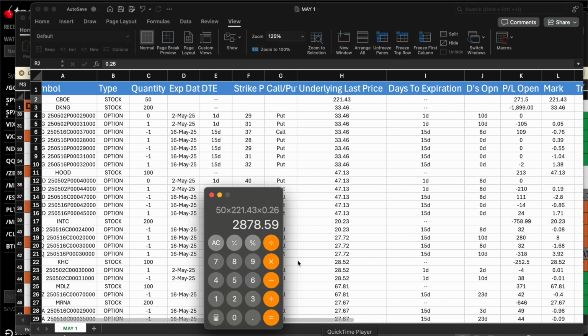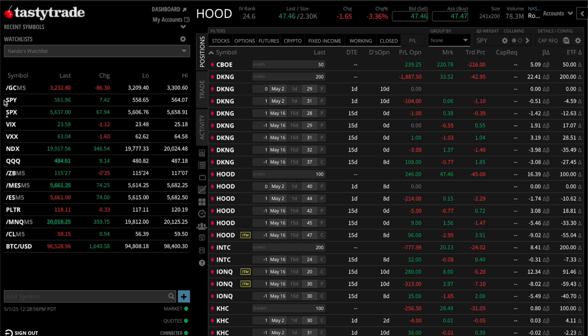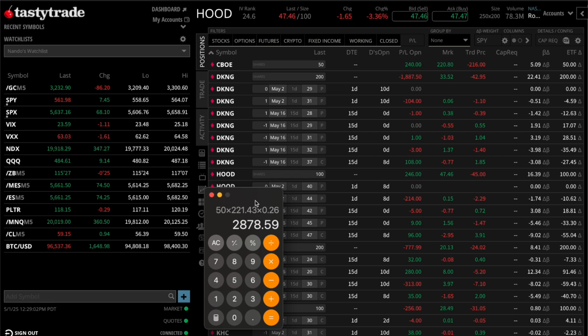And the beta times the price per share times the number of shares is 2878.59. And if we divide that by, what's SPY trading for? Let's call it 562 a share. If we divide this number by 562, that's going to give us 5.12, so approximately 5.12 shares of SPY.